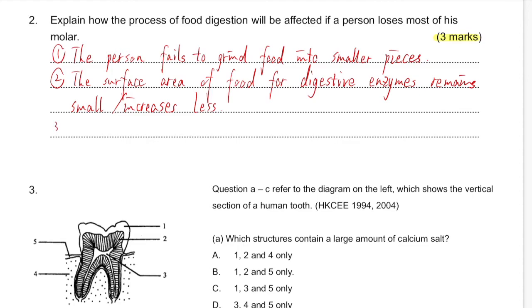Okay, so if we have a pretty small surface area for digestive enzymes to work on, then the rate of digestion would decrease. Okay, so that's for question 2.